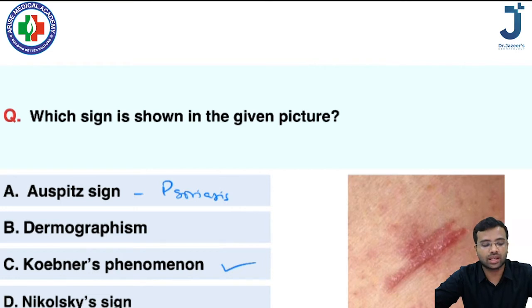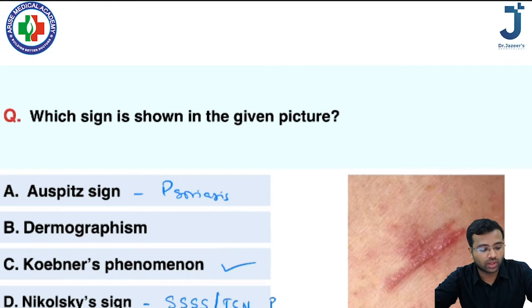And Nikolsky sign is something that you see in diseases like staphylococcal scalded skin syndrome, toxic epidermal necrolysis or pemphigus vulgaris. In a Nikolsky sign, you apply a tangential pressure over the skin and the skin will peel off. So among all these options, the best option would be Koebner's phenomenon.